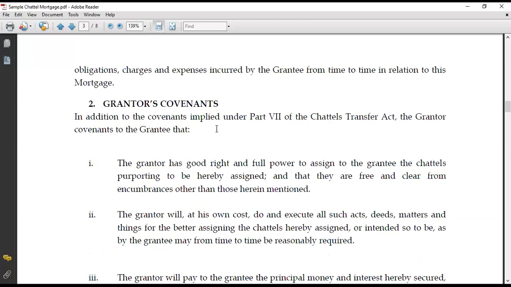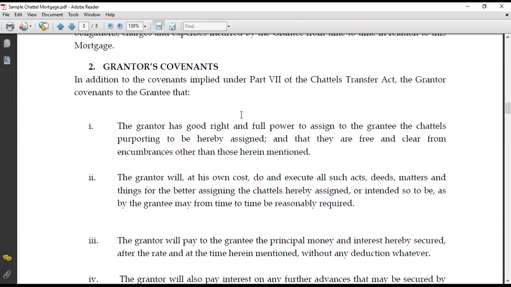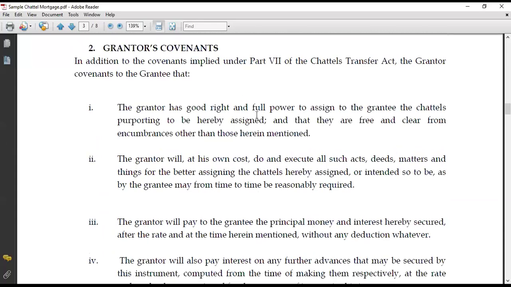Then you go to the grantor's covenants. Here you put two most important things. The grantor has the right and full power to assign to the grantee the security.